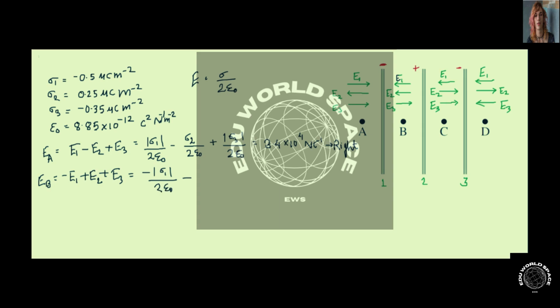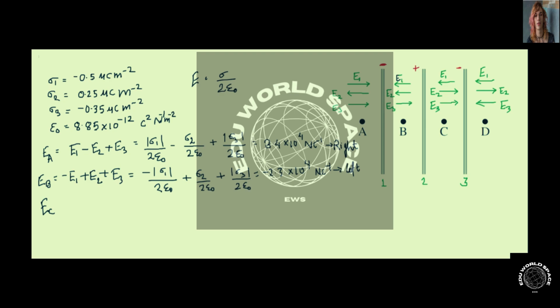For E2, it is simply sigma 2 upon 2 epsilon naught, and for E3, that is plus sigma 3 upon 2 epsilon naught. Alright, so this gives me a minus of 2.3 into 10 to the power 4 Newton per coulomb. So this means that the electric field is towards left, right? And the magnitude is 2 into 2.3 into 10 to the power 4.